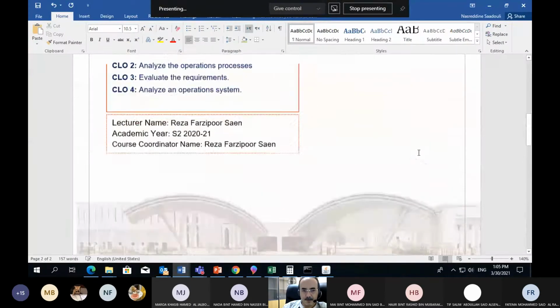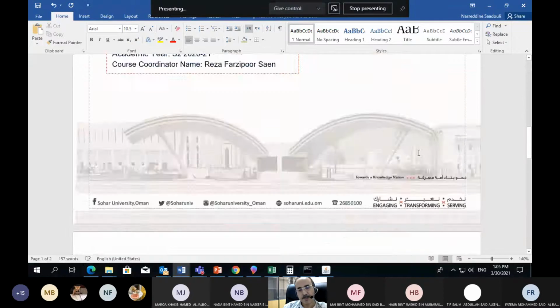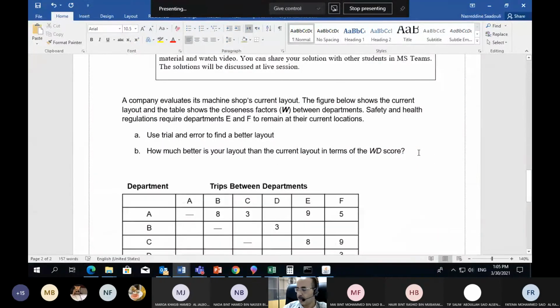We are in week 10. We have the following example. It says, a company evaluates its machine shop's current layout. The figure below shows the current layout, and the table shows the closeness factors between the departments.